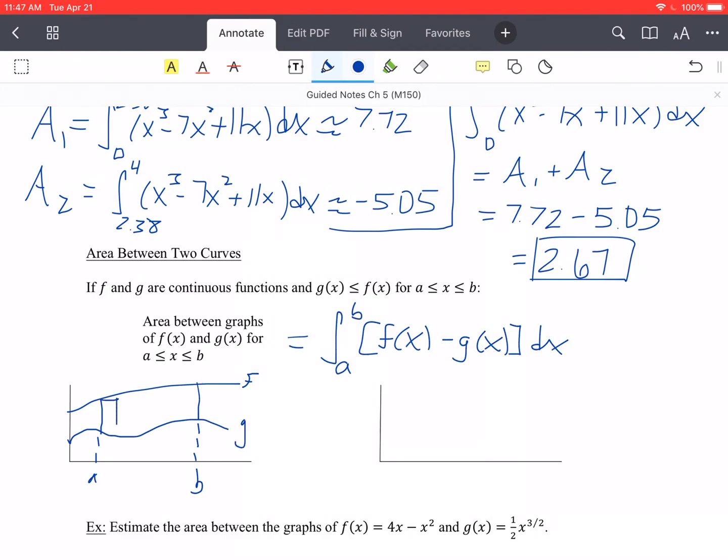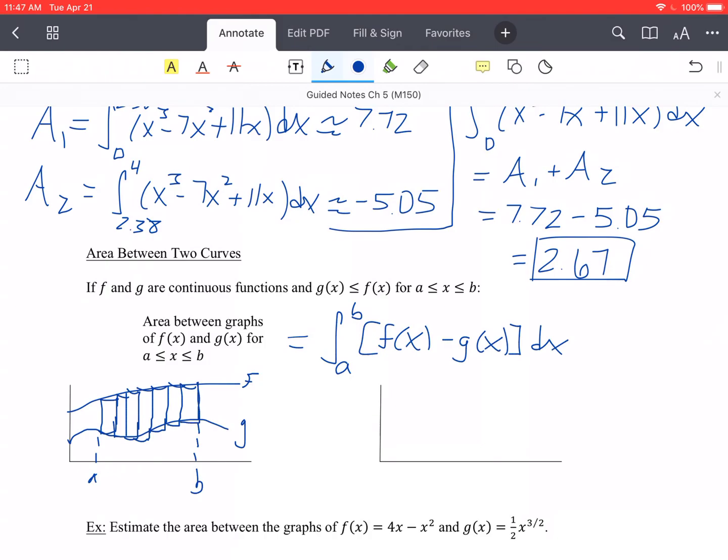So we would draw a rectangle whose height is determined by both functions. And we would just keep doing this all the way down the line until we reached the end.